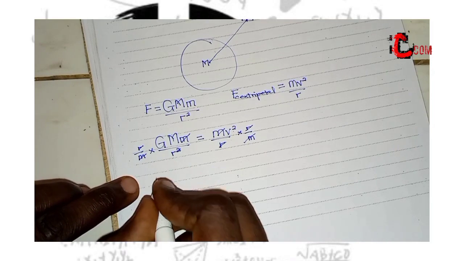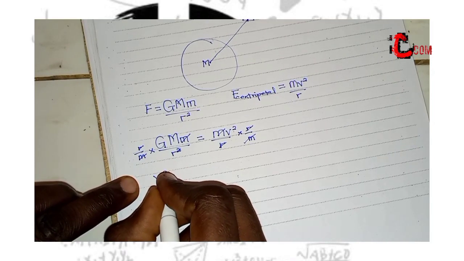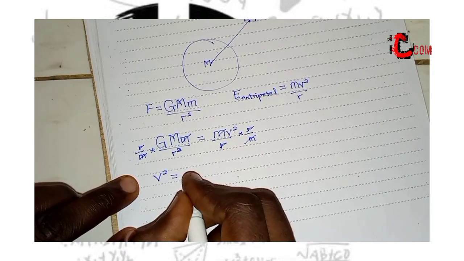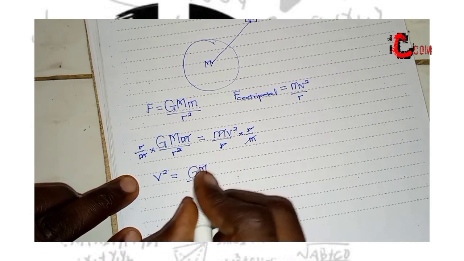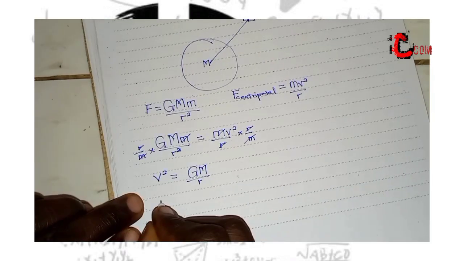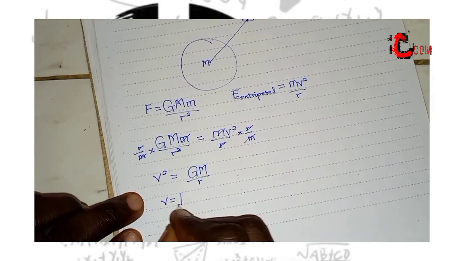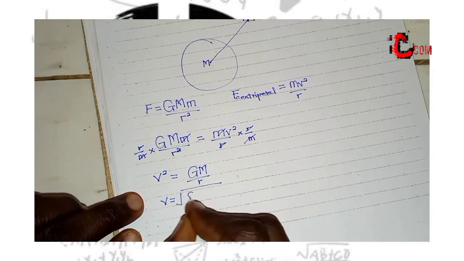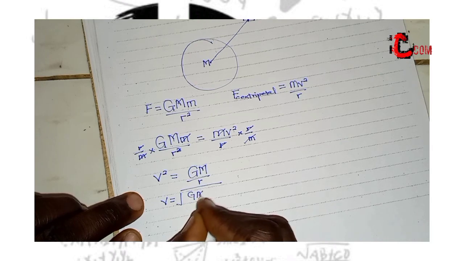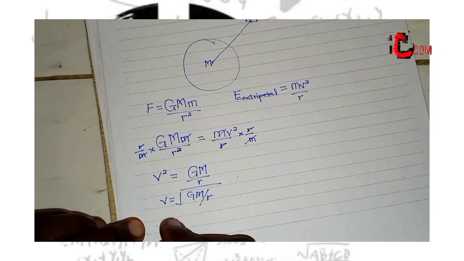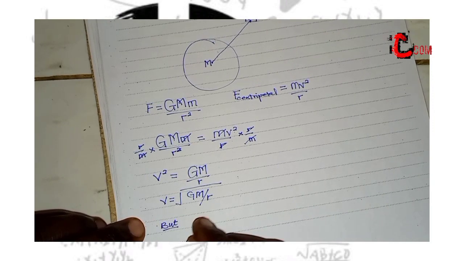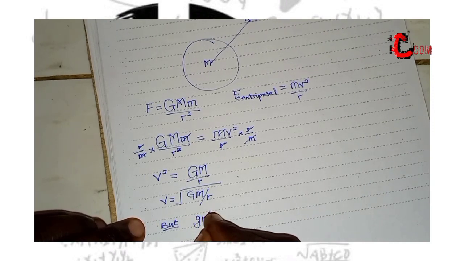Then what we have is the velocity squared, which is the speed, equals GM all over r. In other words, v equals the square root of GM all over r.